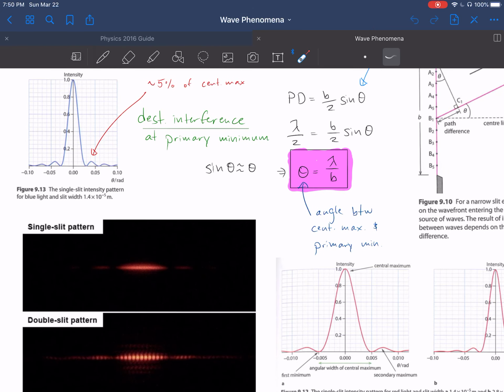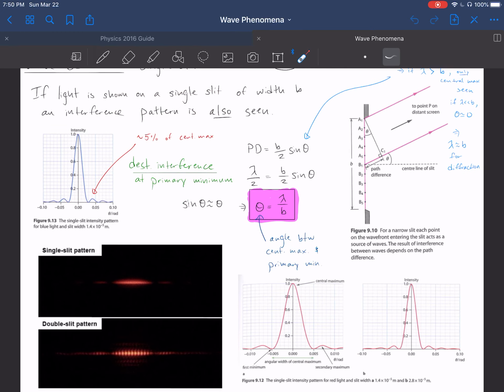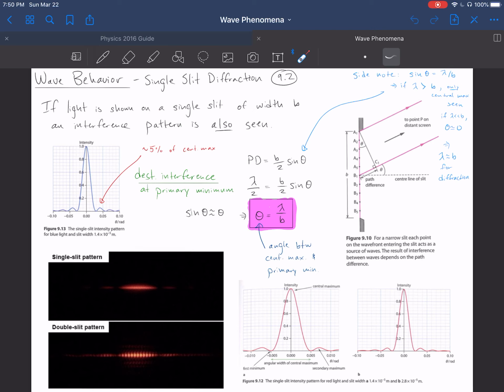So, why does this happen? This is a fairly surprising phenomenon. It's as if you took a light and shone it through a window or some kind of crack. On the back, behind the crack, you would expect to see an outline of that opening, but you don't see that. You see something else. You see an interference pattern.